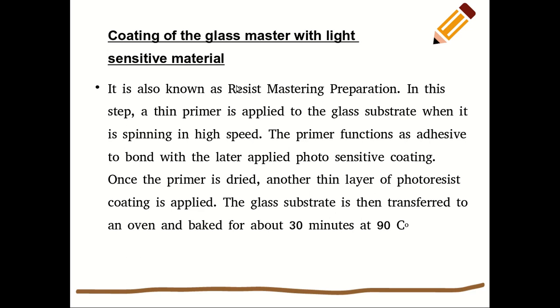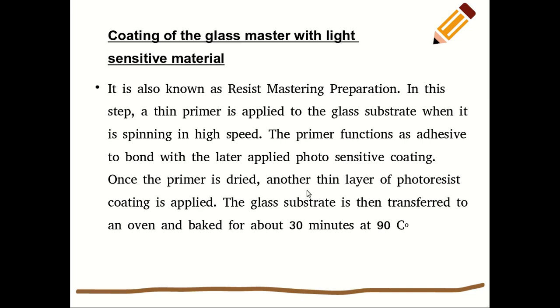So that is done, or coating of glass master with this light sensitive material is done in this step. Here, first of all, a thin primer is applied to the glass master, and then on that primer a layer of photosensitive material is applied.